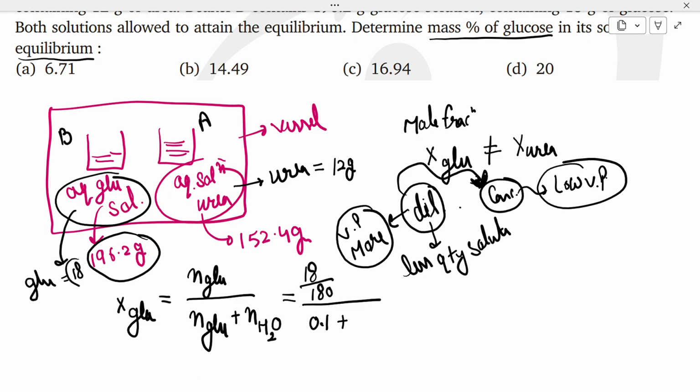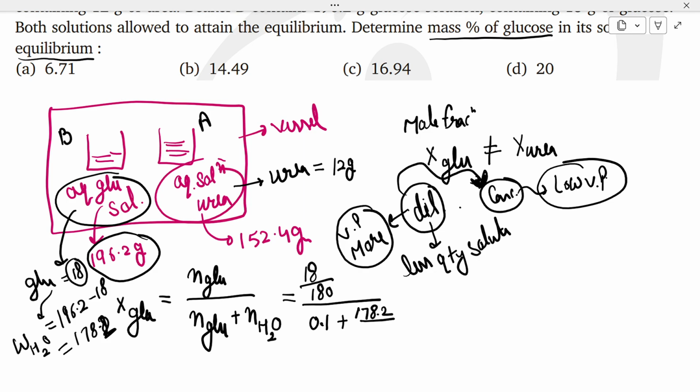So we have to calculate the mass of water in the glucose solution. The total mass of solution is 196.2, and the mass of solute is 18 grams. So the mass of water in glucose solution will be 196.2 minus 18, which comes to 178.2.